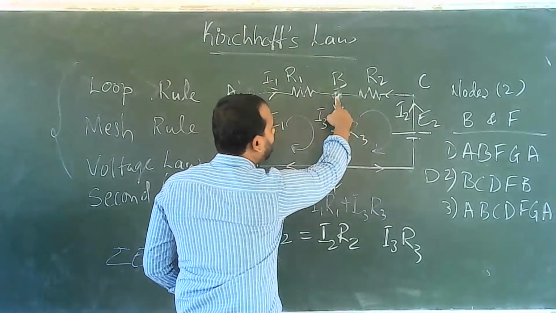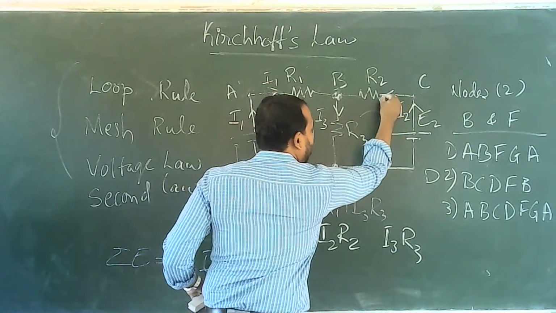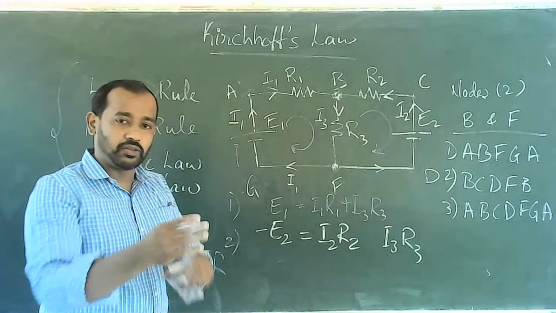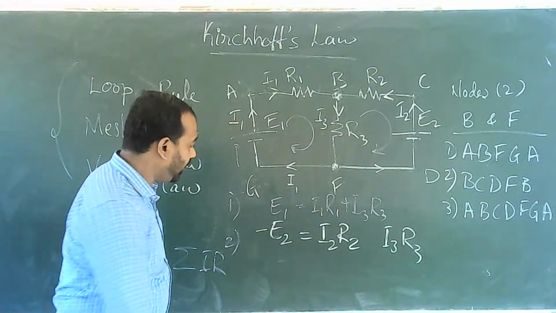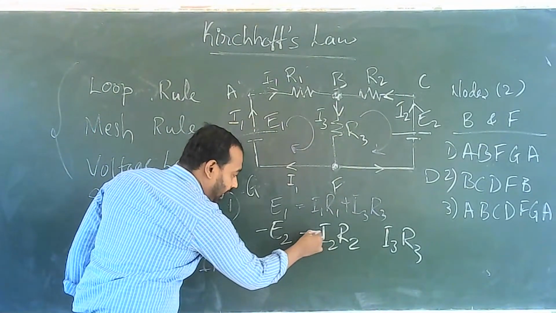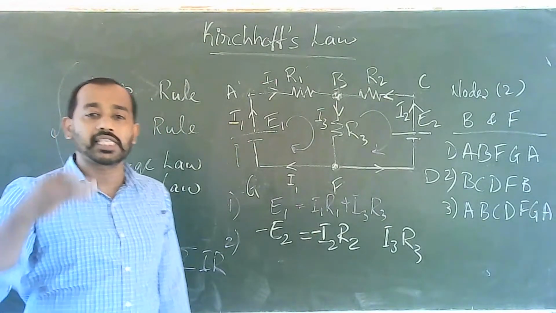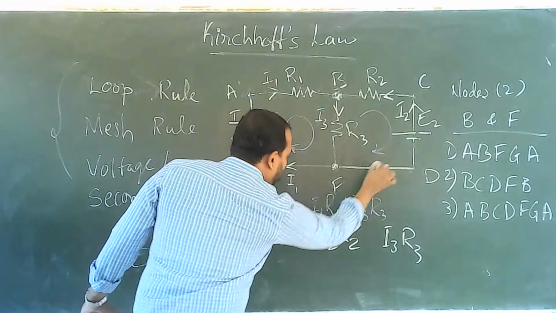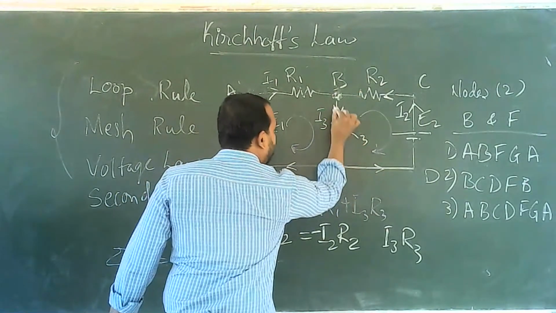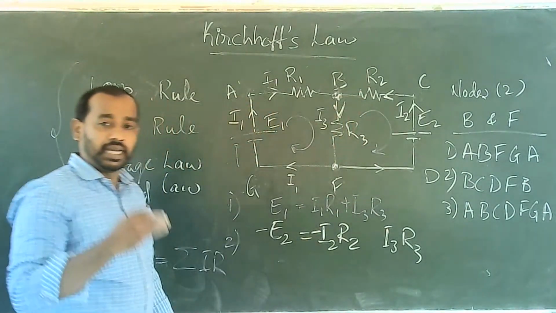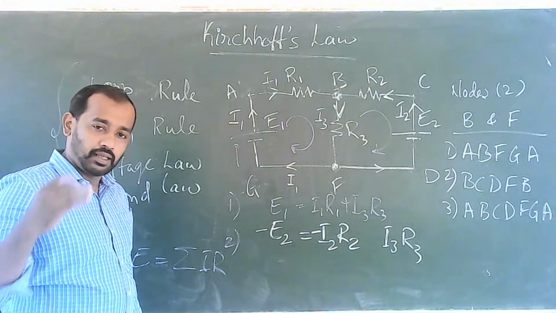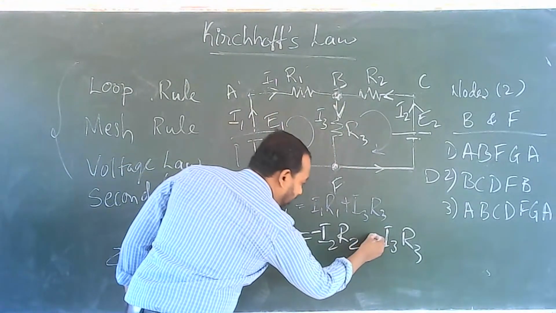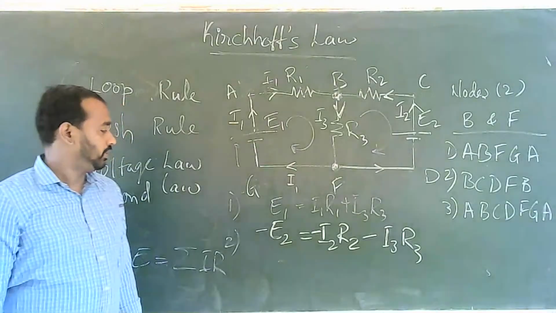Since we are moving from B to C, we are moving in a direction opposite to the current. That's why the I2 R2 drop should be treated as negative. Again, we are moving from F to B in a direction opposite to current I3. We have to write I3 R3 as negative.